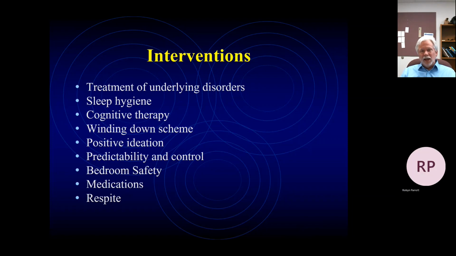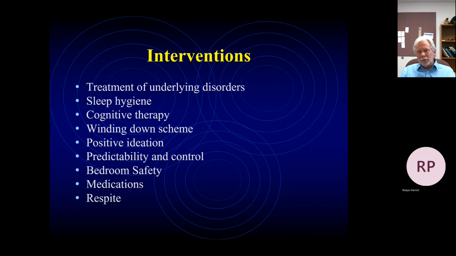So the interventions that we have are as listed. So treating an underlying disorder might be restless legs, or it might be sleep apnea. We can look at sleep hygiene. In children, that tends to be more important than it is in adults in ensuring a good bedtime and adequate continuity of sleep.